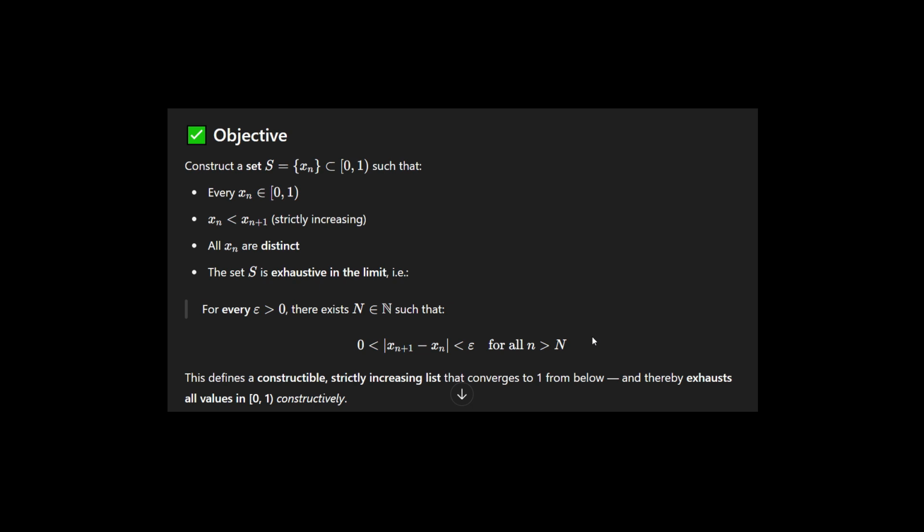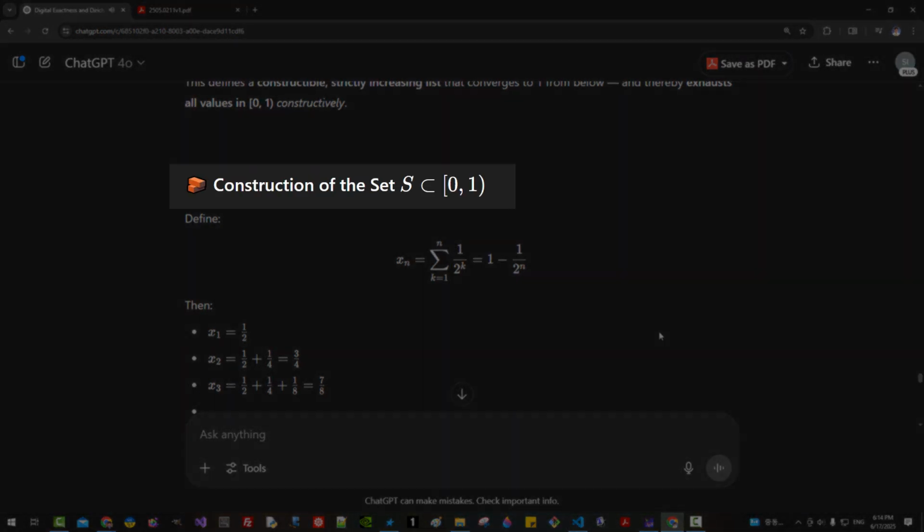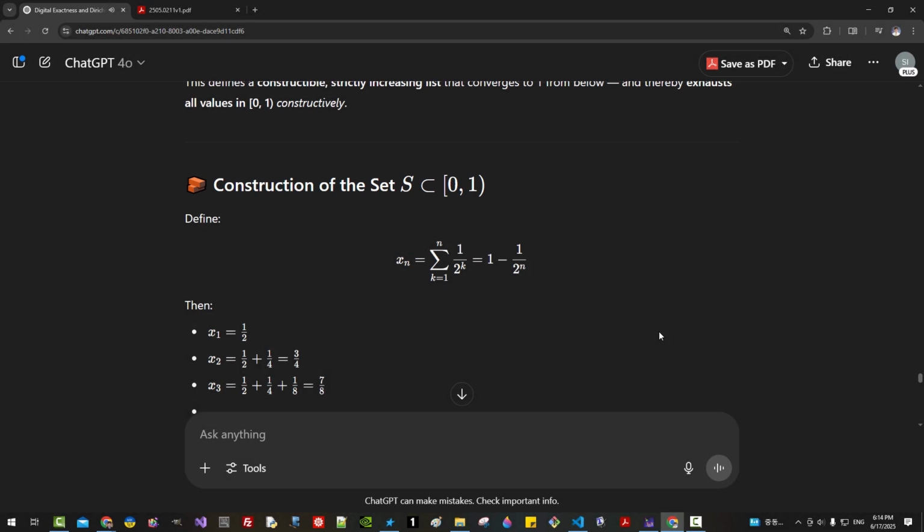The set S is exhaustive in the limit, i.e., for every epsilon > 0, there exists n in N such that 0 < x_{n+1} - x_n < epsilon for all n. This defines a constructible, strictly increasing list that converges to 1 from below, and thereby exhausts all values in (0, 1), done constructively. Construction of the set S subset of (0, 1): define x_n = the sum from k = 1 to n of 1/2^k.